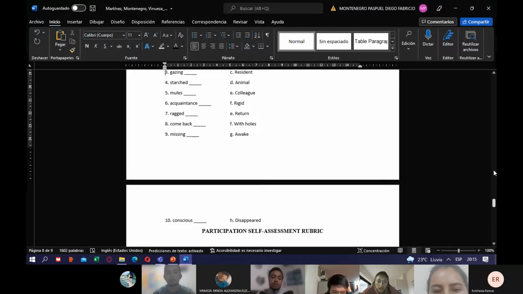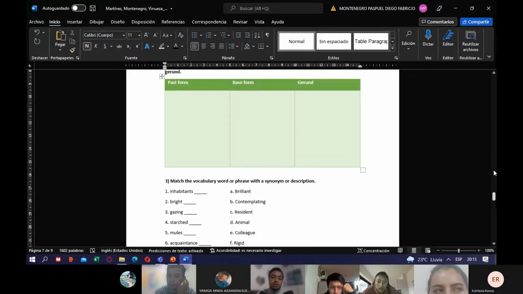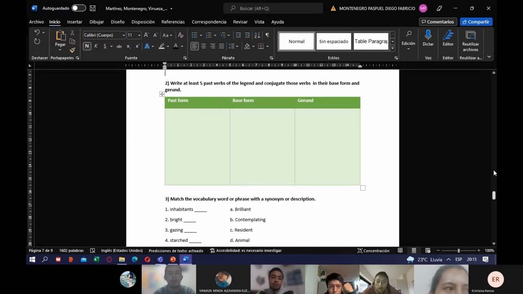The second activity, can you scroll up? Well, second activity, you have to write down past verbs. Copy the past verbs from the legend, and you have to change each past verb to the base form and the gerund form.